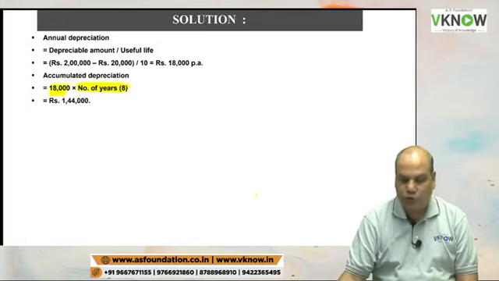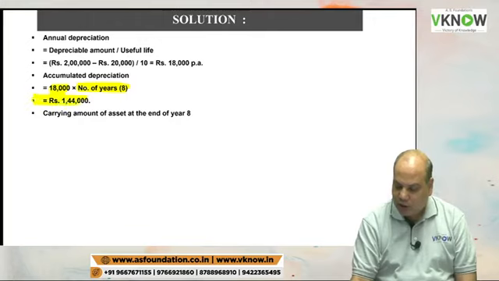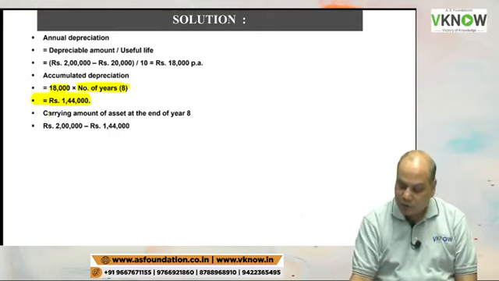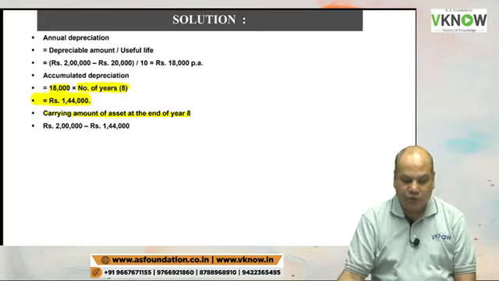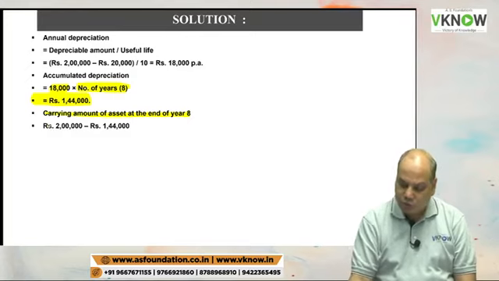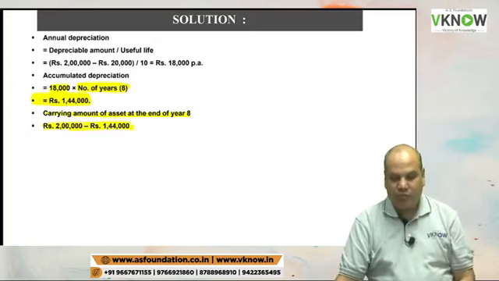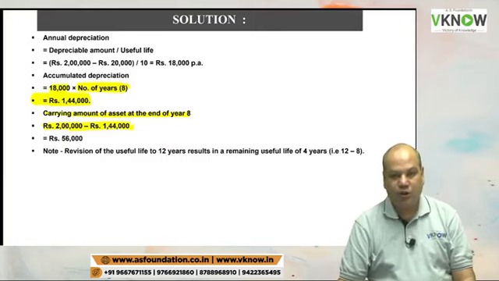So that is equal to 1,44,000. After 8 years are complete, you have provided 1,44,000. Presentation is important. Carrying amount of the asset at the end of year 8 is 2 lakh minus 1,44,000, and that is equal to 56,000.